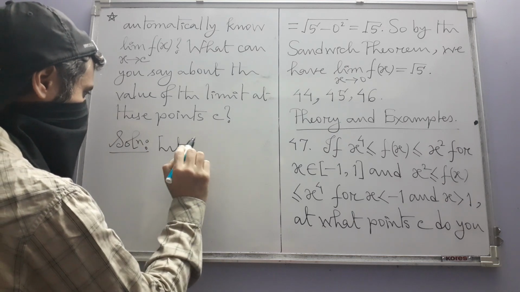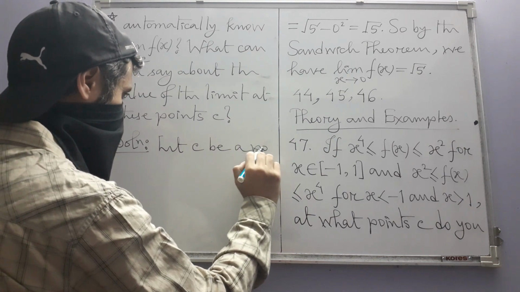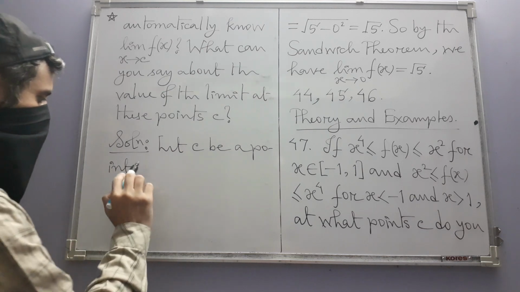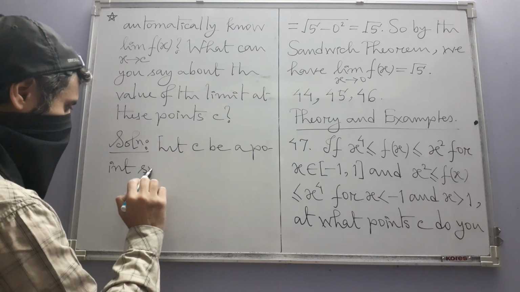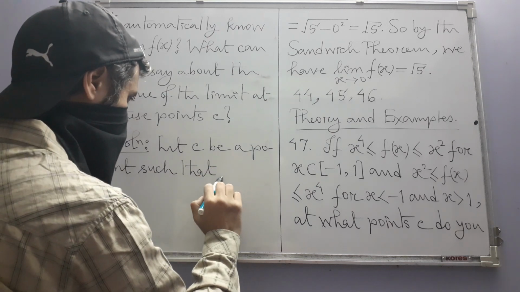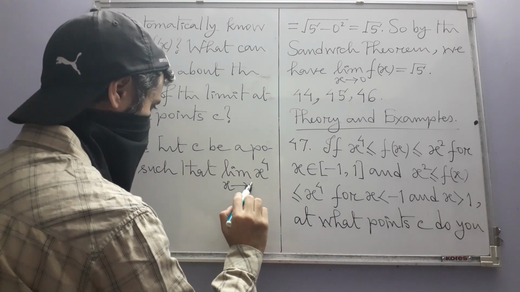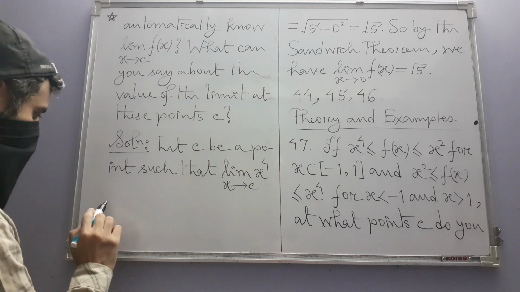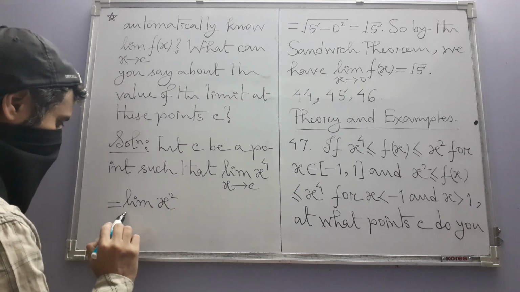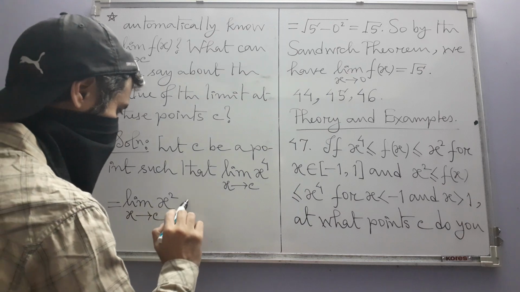Let c be a point. Point means a real number such that the limit of this is equal to the limit of x square as x approaches c.